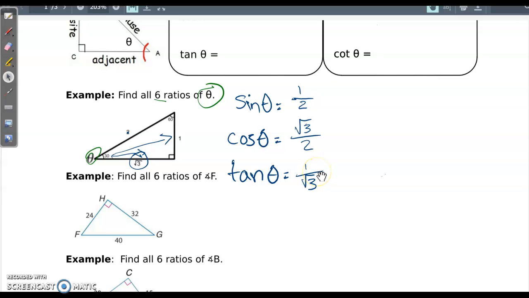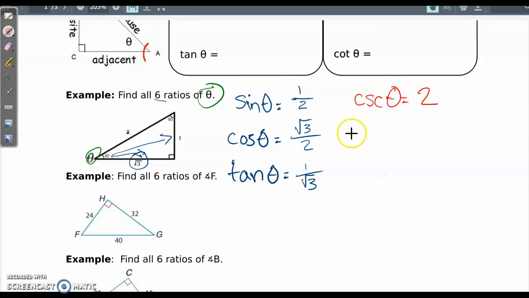Do something more with this right here after we finish the other 3 trig ratios. The inverse of sine is cosecant, so we don't have to even look at the triangle. We can just take the sine and flip it, 2/1, which I'm just going to write 2.